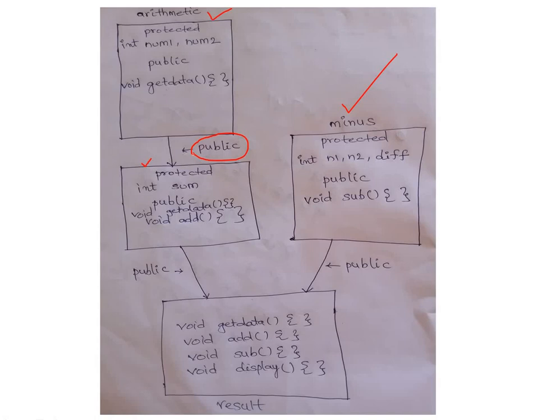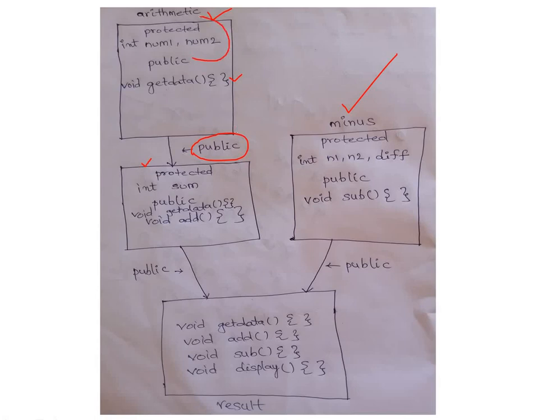Right, when the visibility mode is public, here we have only one member function under the public section of the arithmetic class.